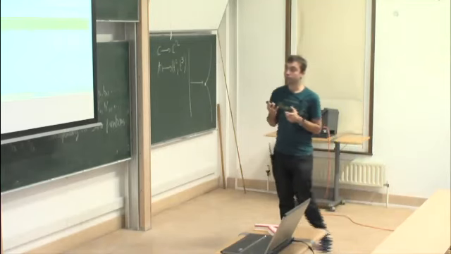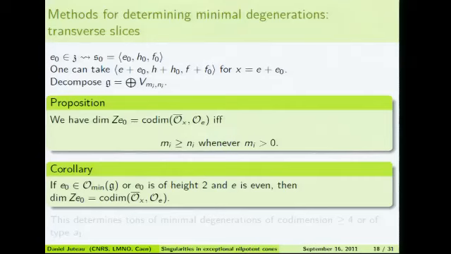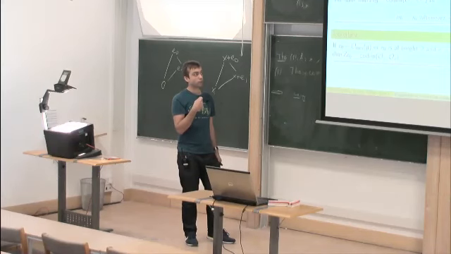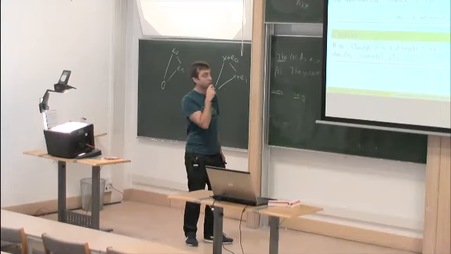And what is interesting for us is that if this E0 is in the minimal orbit for G, then it works. Or also if E0 is height 2, so all the eigenvalues of H0 are at most 2, and E is even, it works as well.